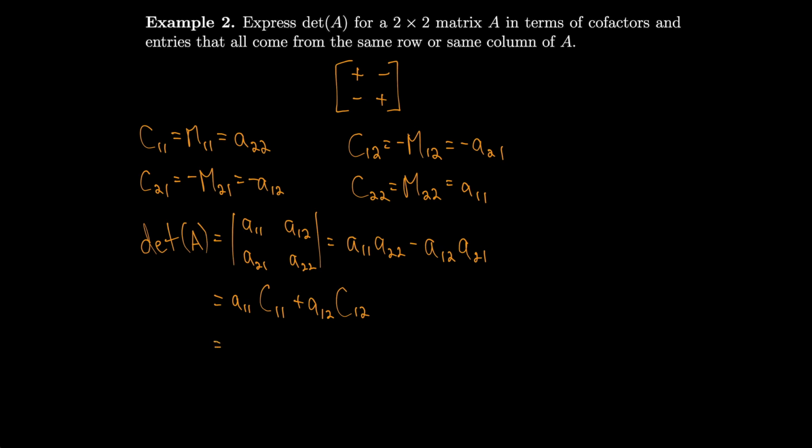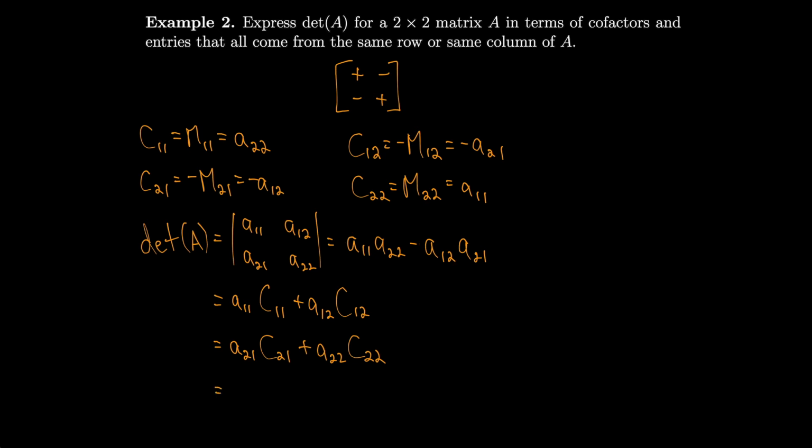I could also, if I just swap different entries, get A21, C21 plus A22, C22. That means I'm swapping out this guy and this guy.